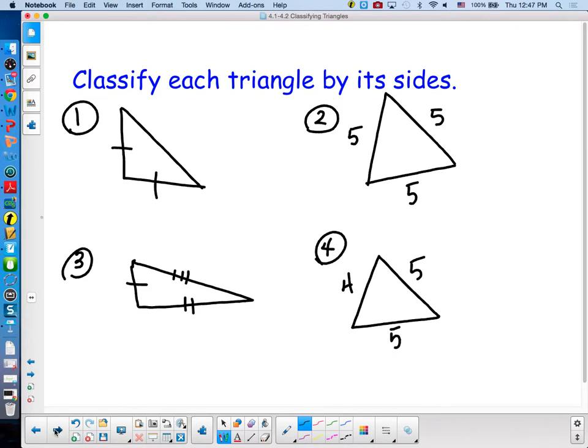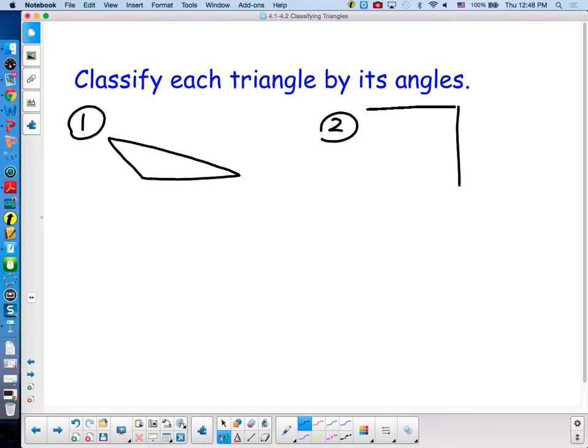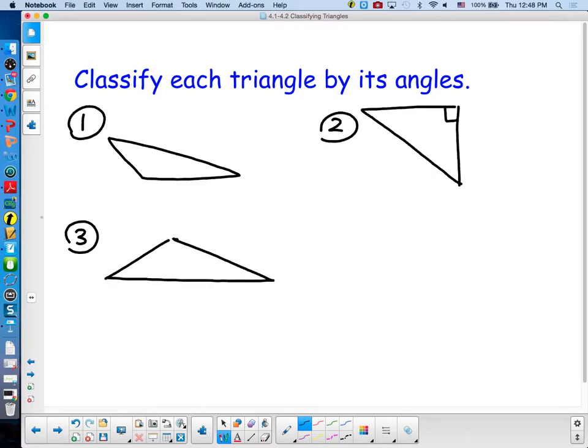That wasn't very interesting. I'll make a new set. Okay, number 1. What kind of a triangle? Classified by angles. I think I'll do more than 4 actually. Remember this one.